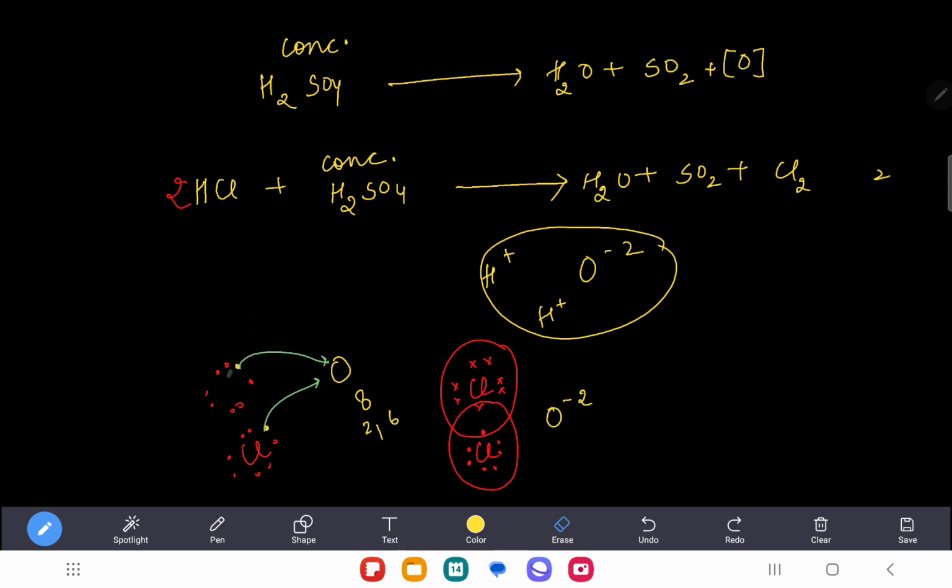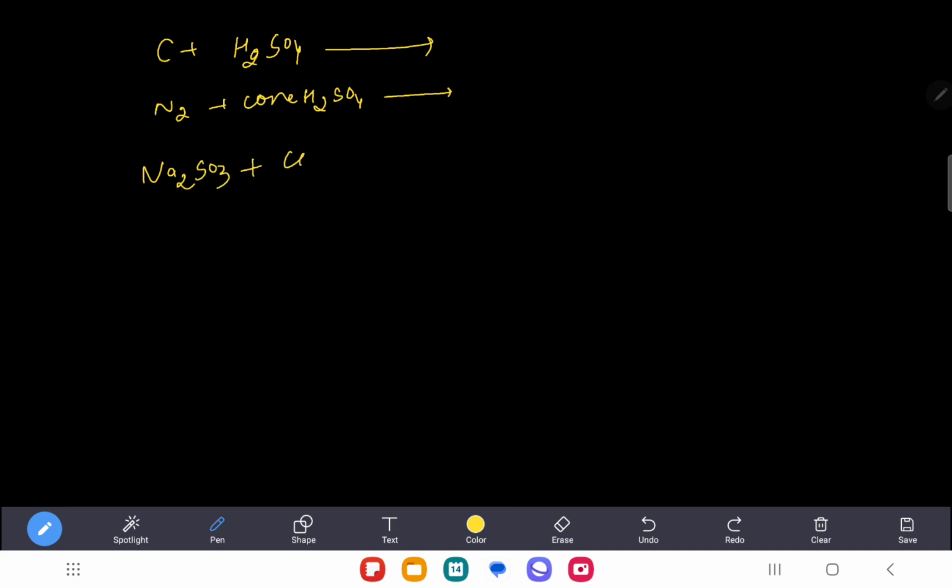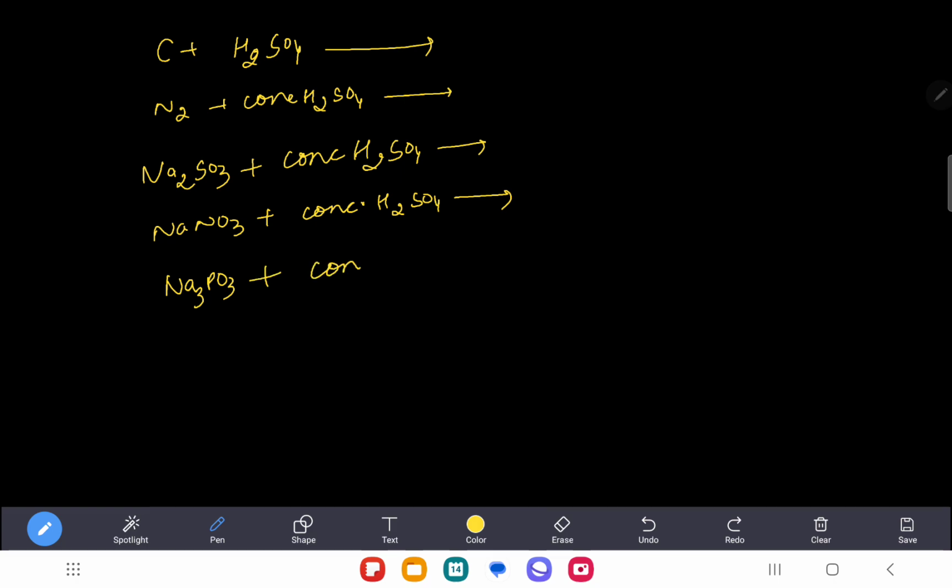Now, any equation, if I write it down for H2SO4, it would be exactly the same way. So carbon with concentrated H2SO4, nitrogen with concentrated H2SO4, Na2SO3 with concentrated H2SO4, NaNO2 with concentrated H2SO4, Na3PO3 with concentrated H2SO4, phosphorus with concentrated H2SO4.